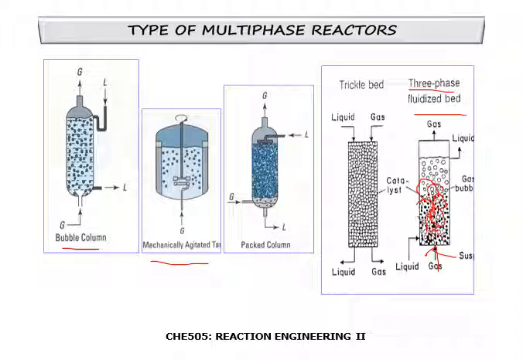So the collision between liquid, gas and solid would be more, the contact between these phases would be higher, and the reaction also happens more. So we continue on the next slide.